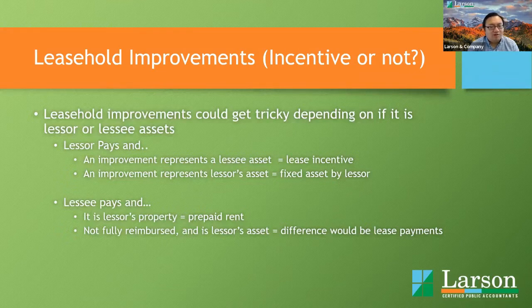Or in situations where the lessee is paying for it, but it's not fully reimbursed by the lessor, and it's the lessor's asset, then the difference would be a lease payment. So if you pay for it, but the lessor is not going to reimburse or not fully reimburse, then that would be a lease payment as well.